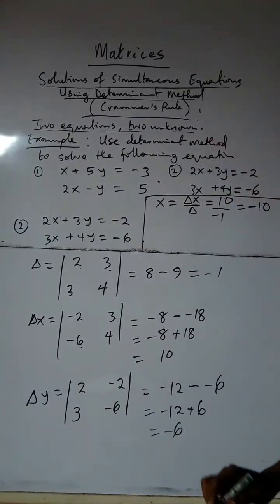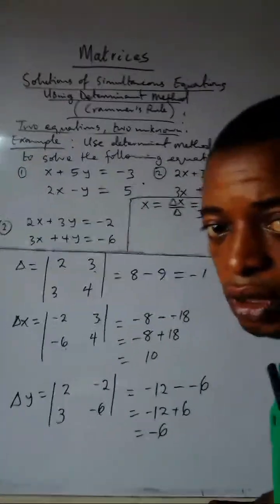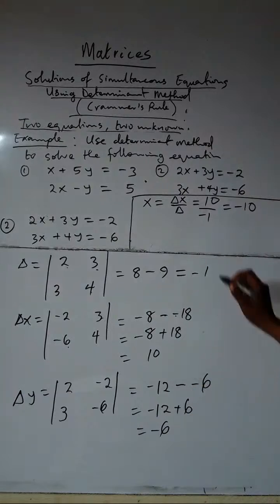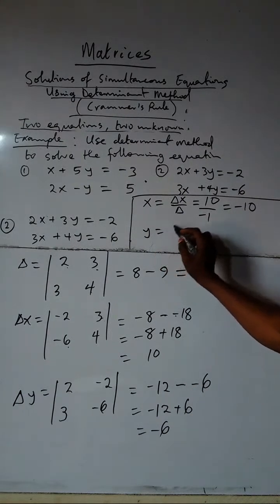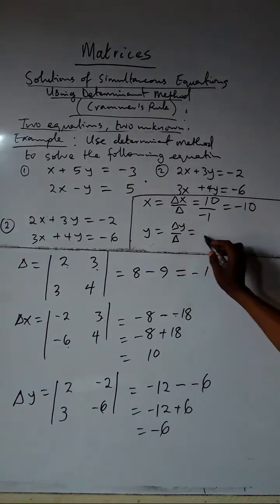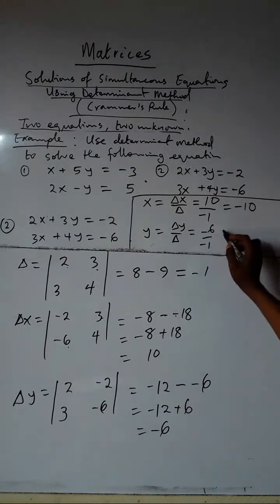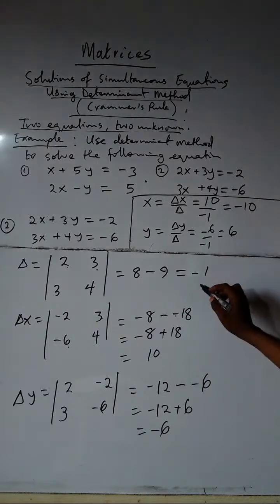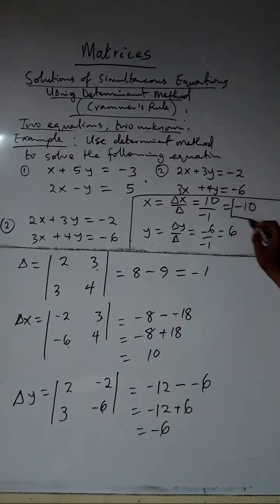Then also we have y equal to delta y over delta, and delta y is minus 6 over minus 1, and this is 6. So therefore we have x equals minus 10 and y equals 6.